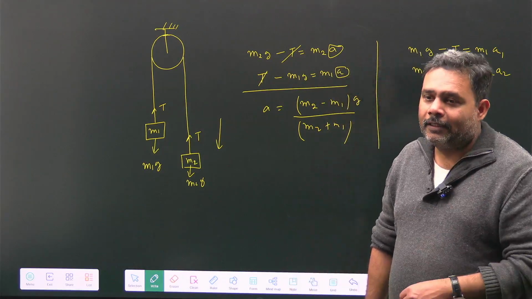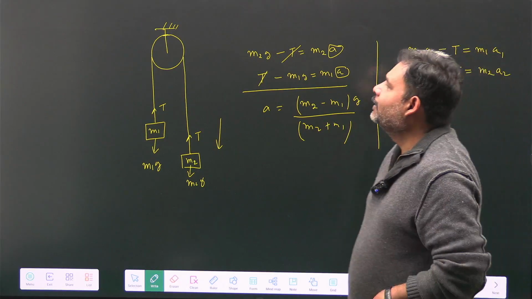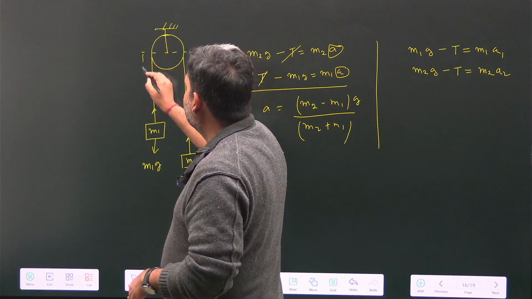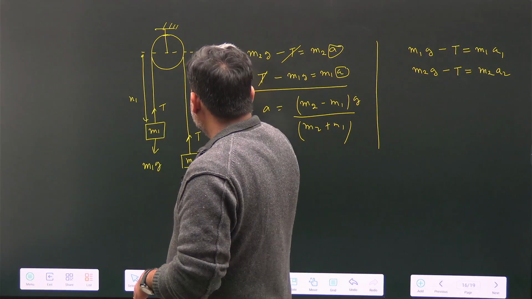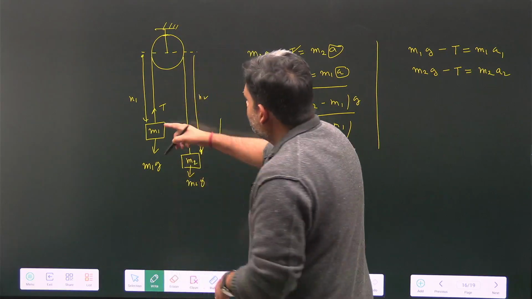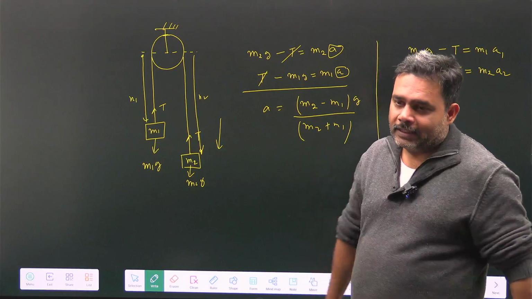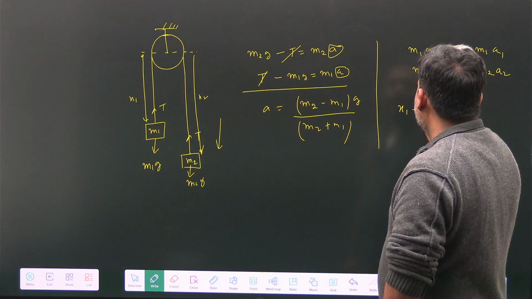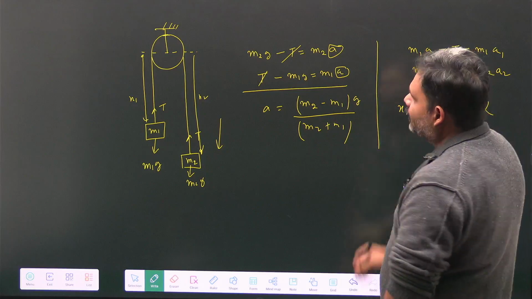And what is the third equation? The third equation is nothing but the equation of constraint. So what is the equation of constraint here? We can assume this distance is x1, this distance is x2, and this is your pi r. The length of a string is always fixed. So x1 plus x2 plus pi r must be equal to the length of the string.